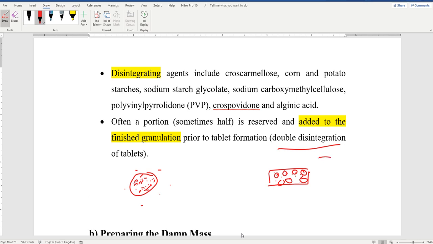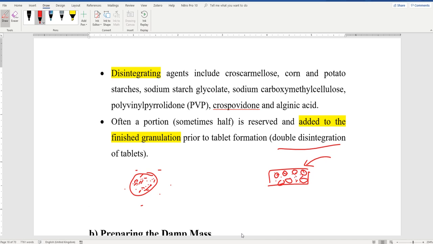That means the tablet will break easily into fragments, into granules, because there is a disintegrating agent between granules. Okay? So the tablet will break, giving granules, and then the granules themselves will also disintegrate because they contain what?